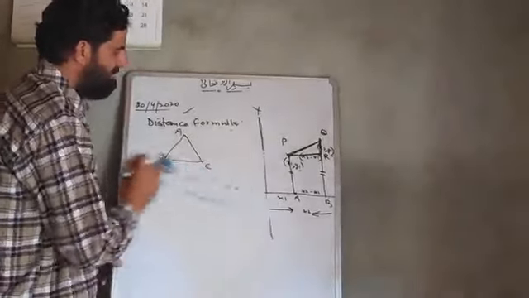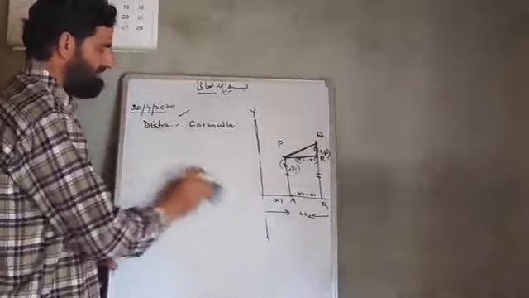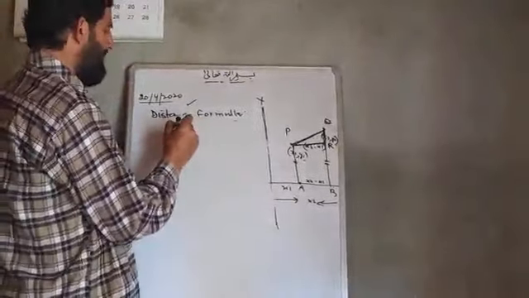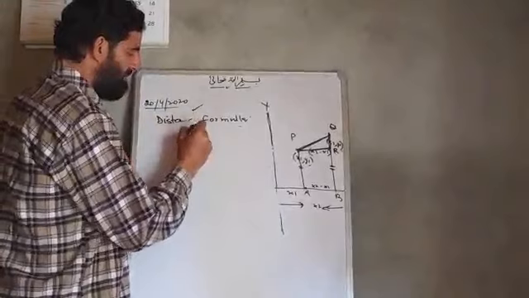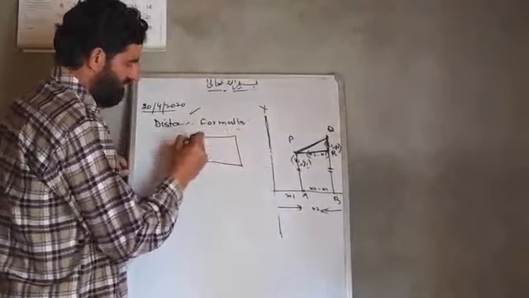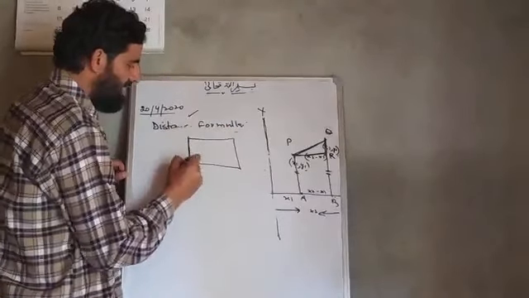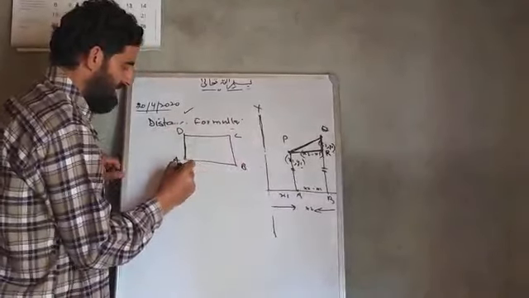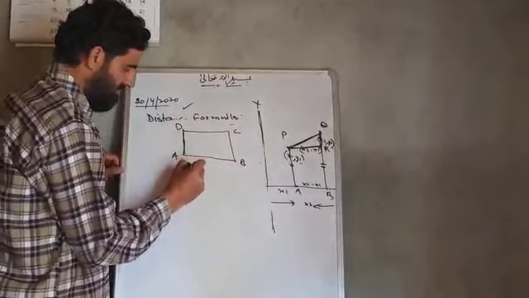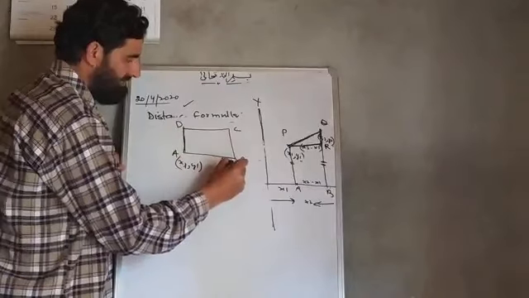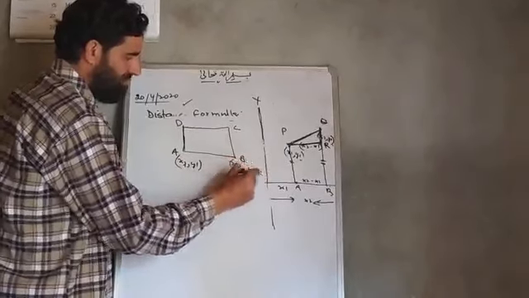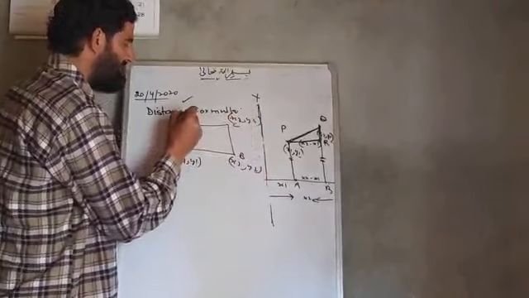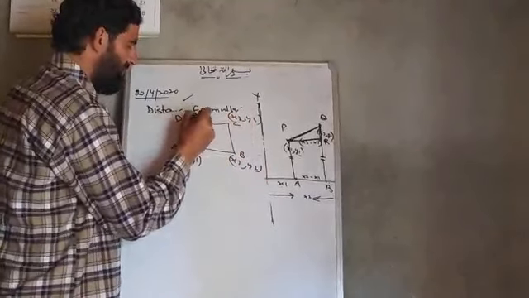Another application of this distance formula is that the vertices of quadrilaterals are given. Suppose this is A, B, C, and D. This is (x1, y1), this is (x2, y2), this is (x3, y3), and this is (x4, y4).